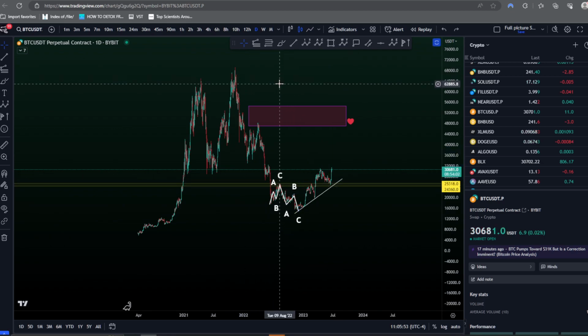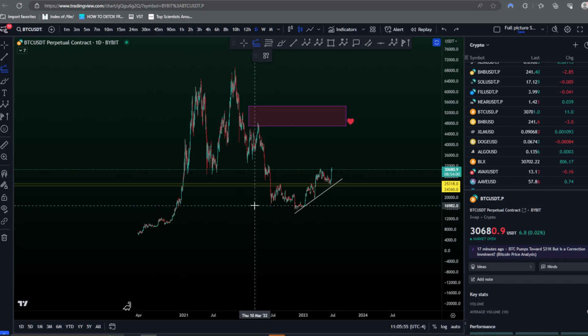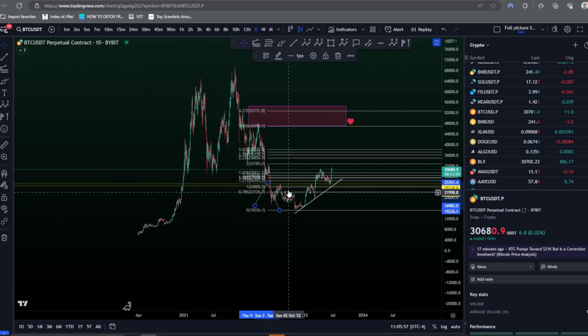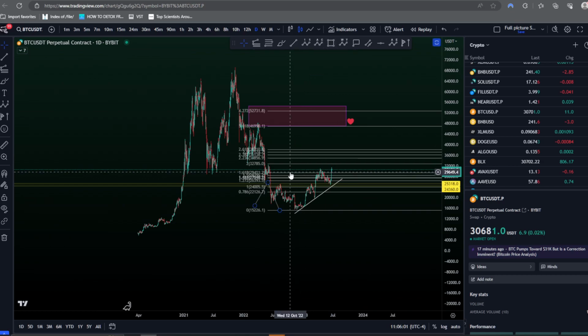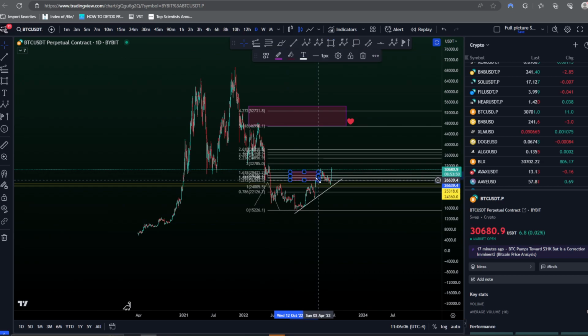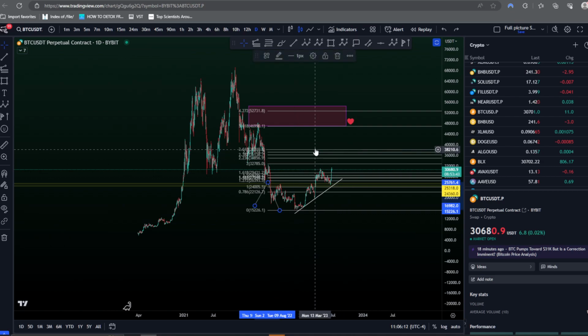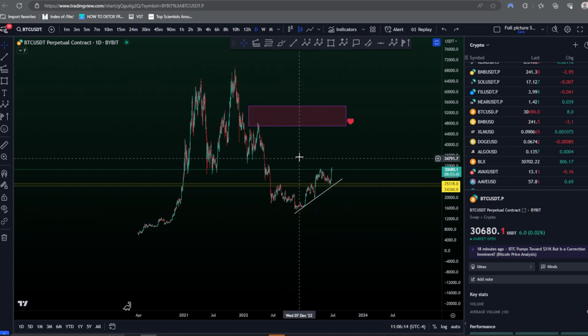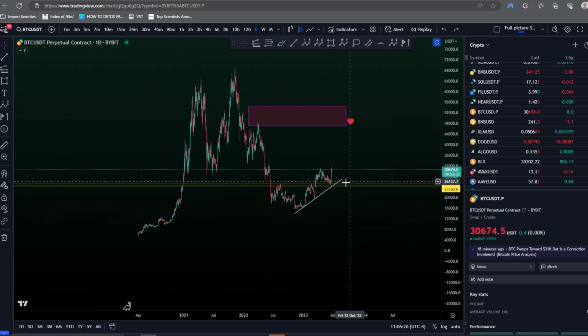Usually your targets are in the range of the 1618, somewhere in this area, but this is crypto we're talking about, and this is modern markets, and they don't play by these small ratios anymore. They really get extended. They really tend to be dramatic in their moves. So to me, this just doesn't look done.